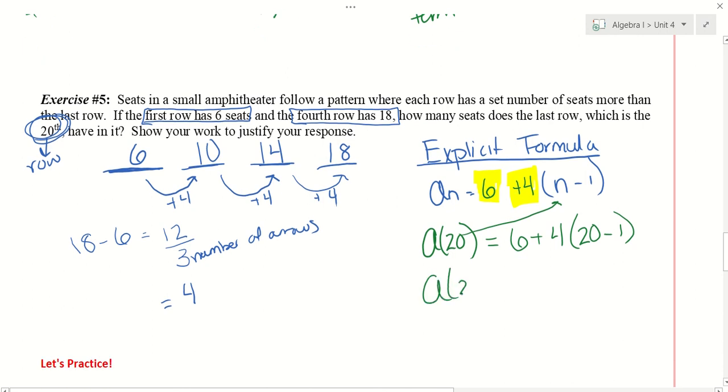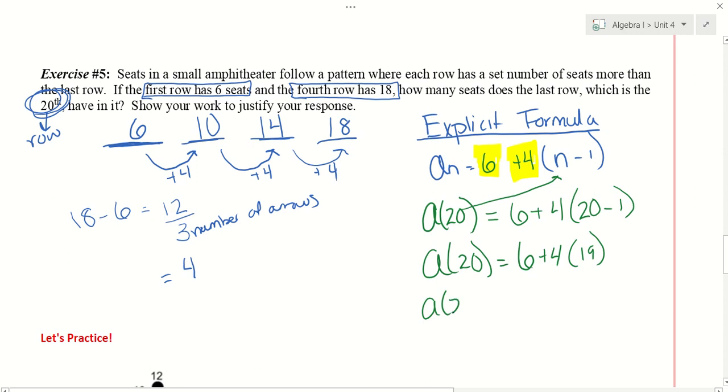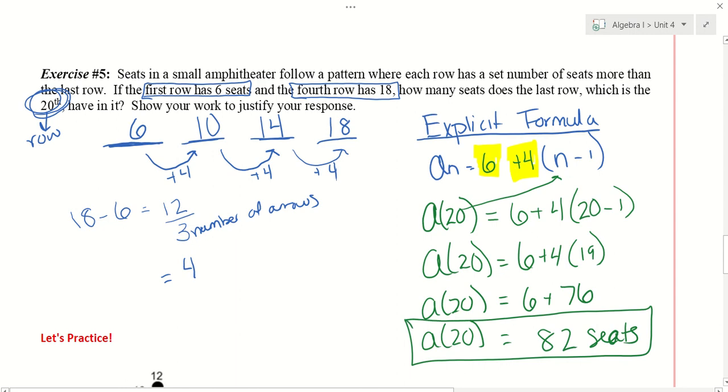Do the math. A of 20 is 6 plus 4 times 19, because 20 minus 1 is 19. So a of 20 equals 6 plus 76, 4 times 19. So a of 20 equals 82 seats. So in the 20th row, there are 82 seats.